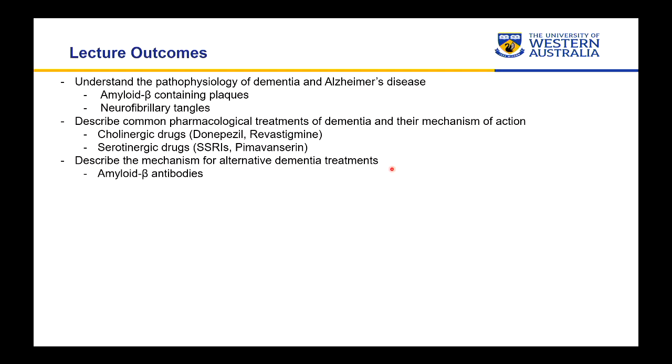And then we'll move on to some more alternative treatments for dementia and Alzheimer's, mostly focusing on antibodies that are specific to amyloid beta. And then I've just got one or two more slides on a non-pharmacological treatment, and that's going to be focused on ultrasound stimulation that we briefly touched upon in one lecture.